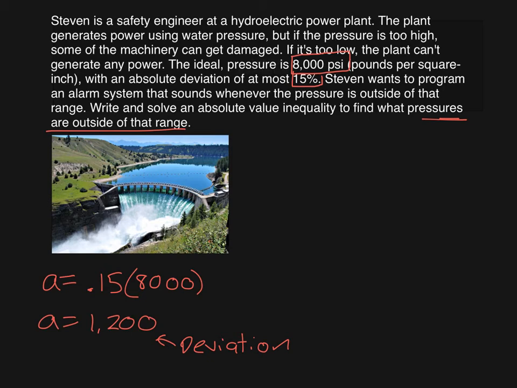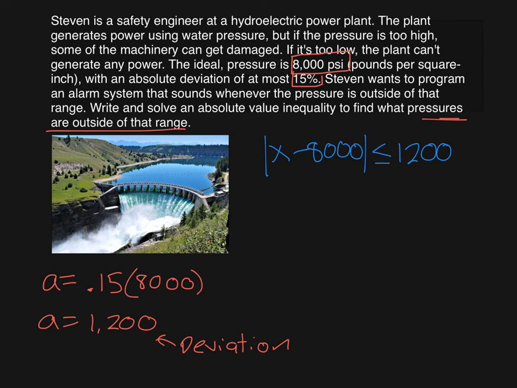Now, when we write our absolute value inequality, we have to be very careful about what we're looking for. We know that the absolute value of x minus 8,000 ideally is less than or equal to 1,200, because it says that the deviation is at most 1,200.